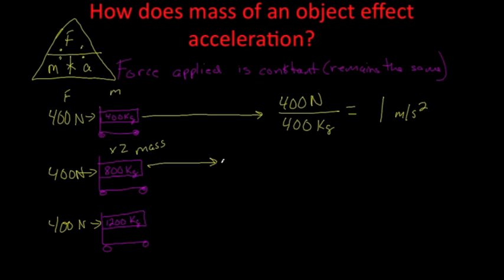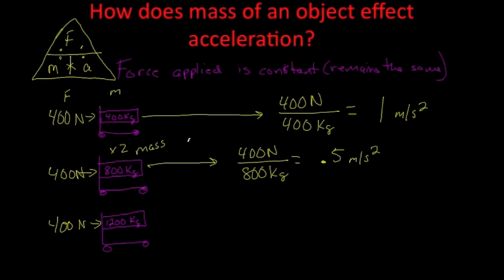So as you double the mass, you halve the acceleration. And you'll see this when we work the problem out. So we still have 400 newtons of force applied to 800 kilograms of mass. That creates an acceleration rate of a half meter per second squared.